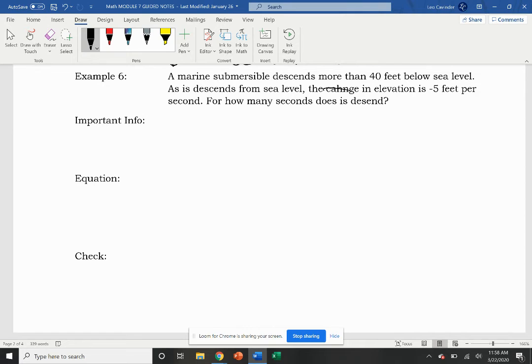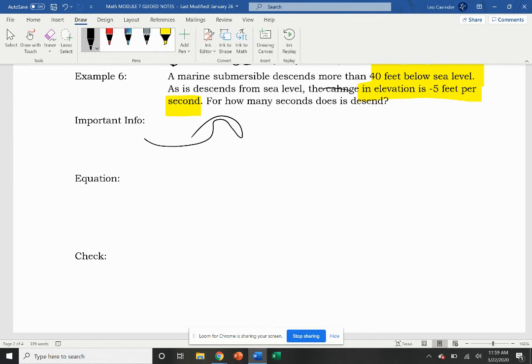So, what we need to do is find the number of seconds that the submersible descends below sea level. So some important information: the important parts are right here, 5 feet per second. Okay, that's our important info.